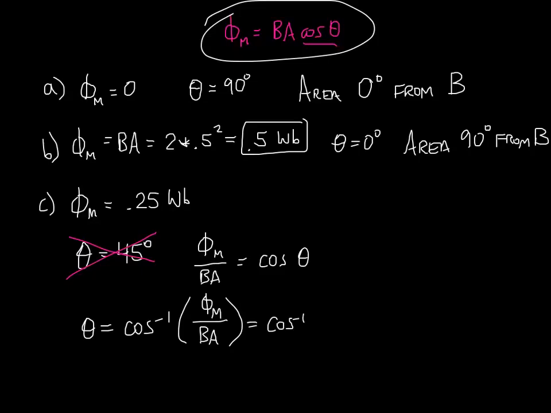So the inverse cosine of the magnetic flux we just said was 0.25, and B times A we solved for up here, so I can put a 0.5 down the bottom. So that's the inverse cosine of 1/2, which is equal to 60 degrees. But keep in mind again, that is the angle between the normal and the magnetic field, which means the area would have to be 30 degrees from the magnetic field.